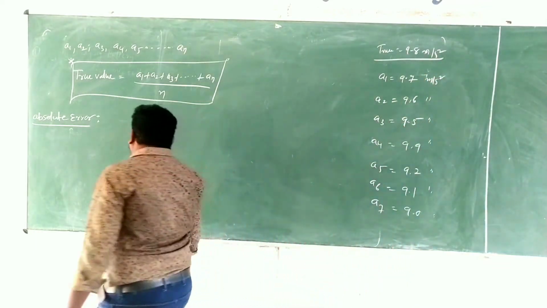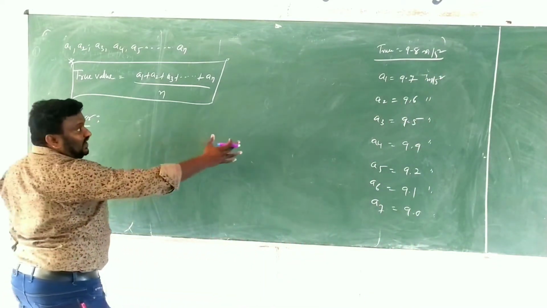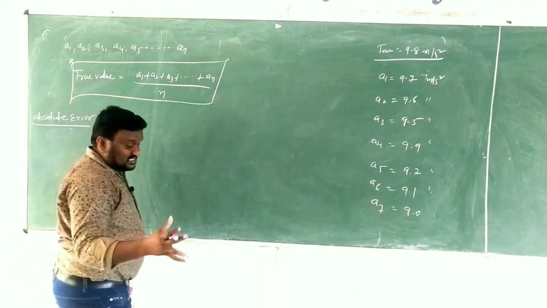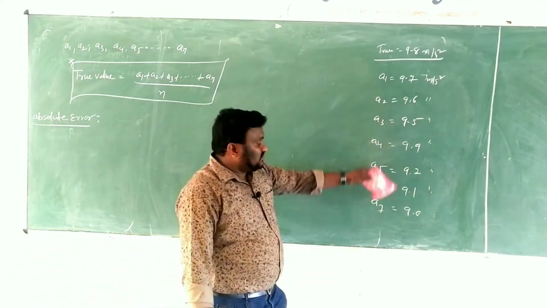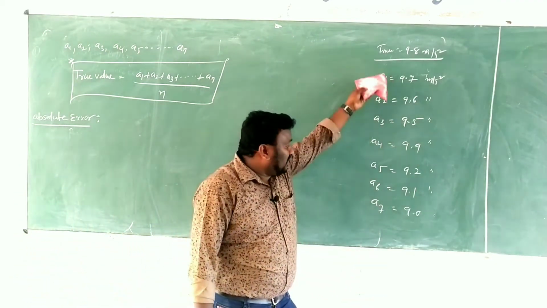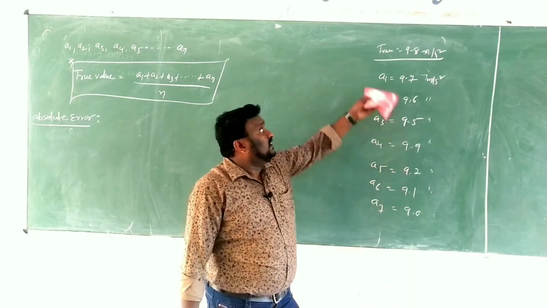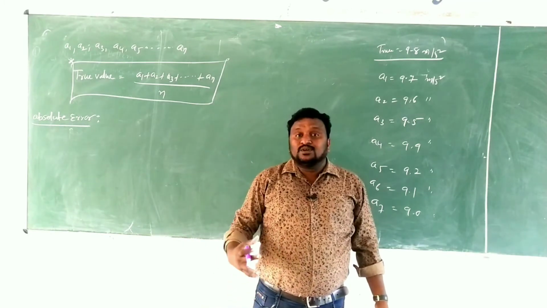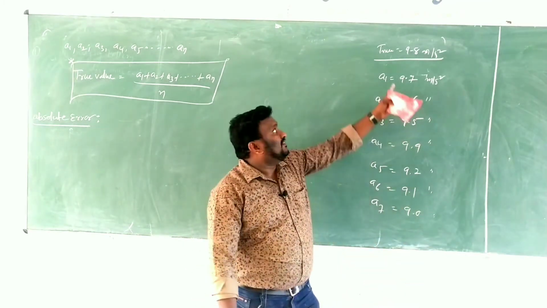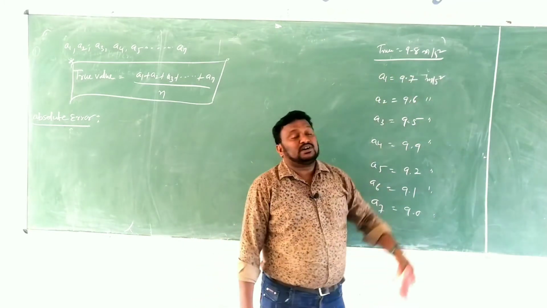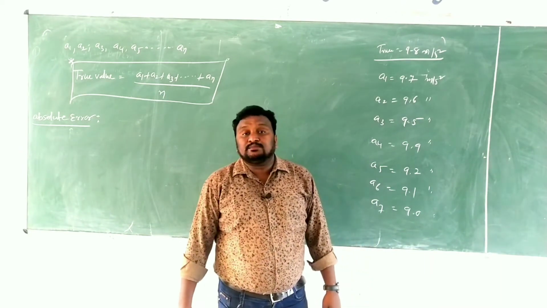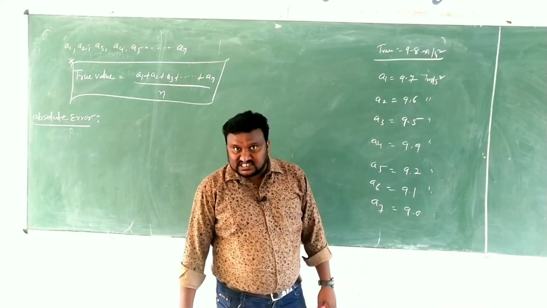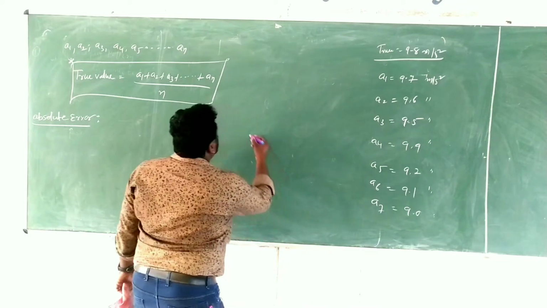I didn't check whether that value is right or wrong, but just imagine that we have taken 10 observed values, and by taking the average, what we call true value, we are getting 9.8 meter per second square. That means the true value is what?